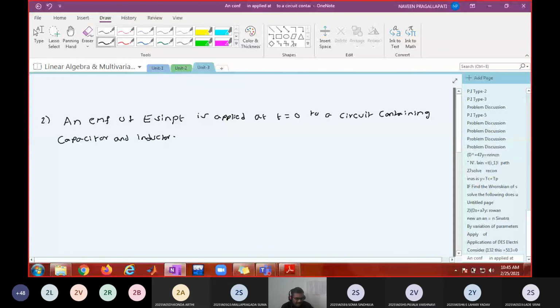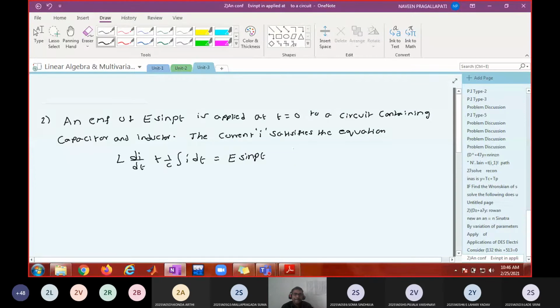The current I satisfies the equation L into di by dt plus 1 by c into integral I dt is equal to E sin pt.